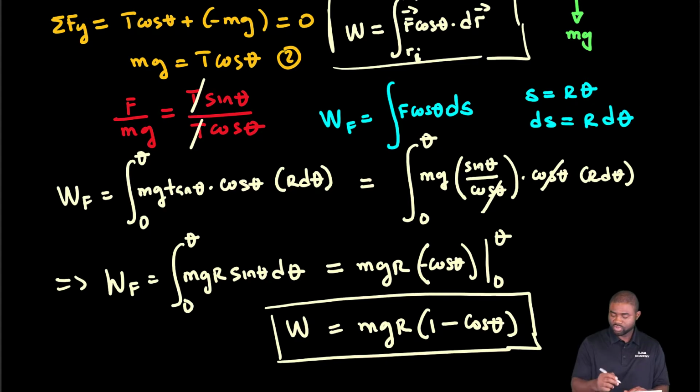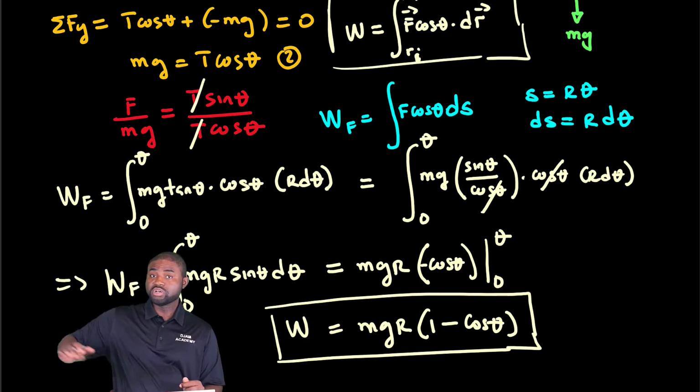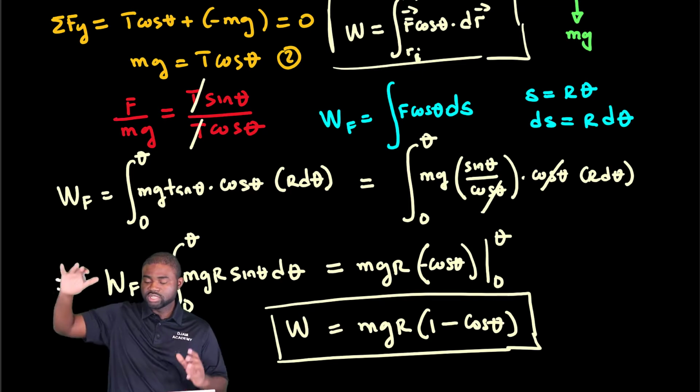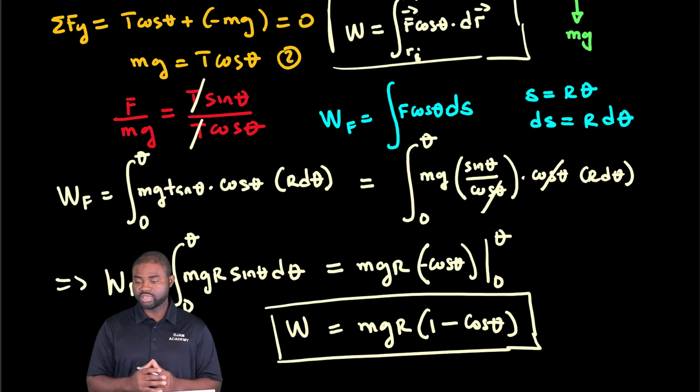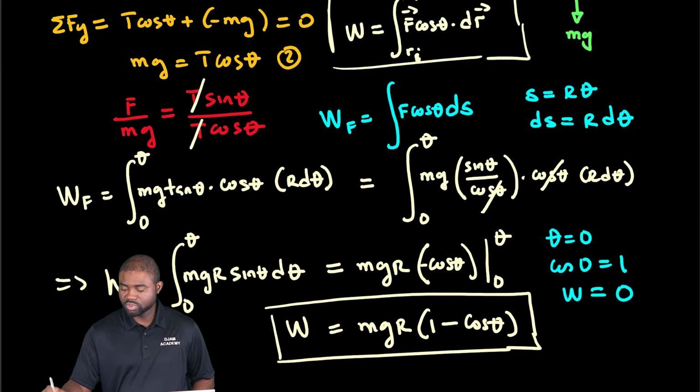What happens when theta is 0 and what happens when theta is 90 degrees? When theta is 0, Audrey is at rest at the initial point A. But when theta is 90 degrees, Audrey is right up there. So let's analyze the two scenarios and see if it makes sense. If theta is 0, cosine 0 is 1, that will mean that W will be equal to 0.